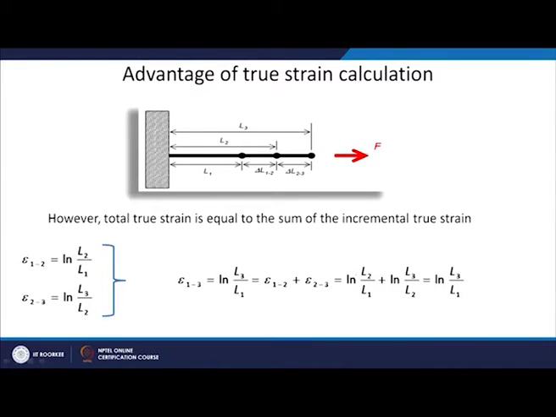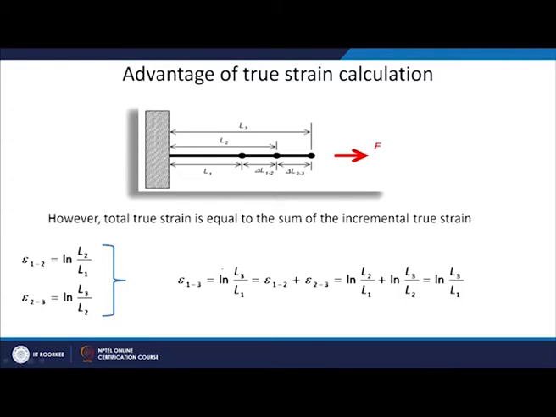Now let us do the same calculation with true strain. Again, in the first case we go in increments, from L1 to L2, from L2 to L3. Epsilon 1 2 will be ln L2 by L1, and epsilon 2 3 will be ln L3 by L2. If I want to do it in one shot, epsilon 1 3 will be equal to ln L3 by L1.